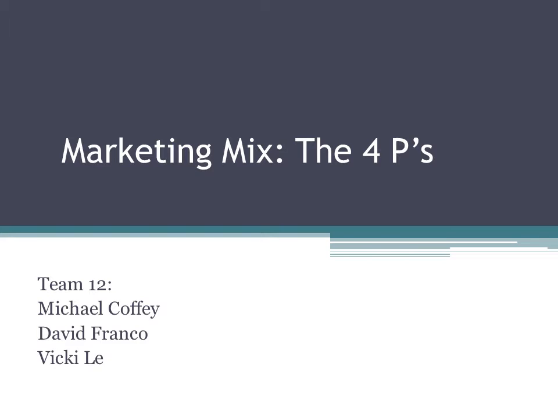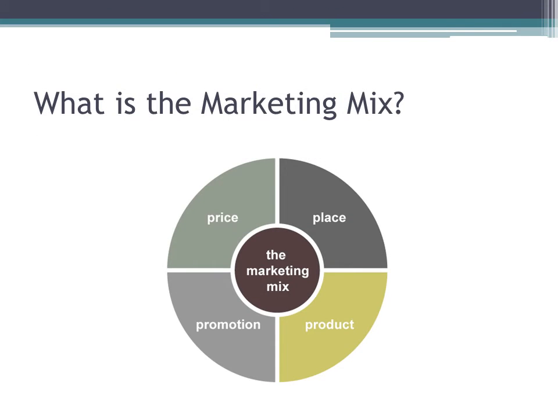Today we are going to present to you the 4 P's of the marketing mix. What is the marketing mix? The marketing mix is a model that is used by businesses to define their marketing strategy.